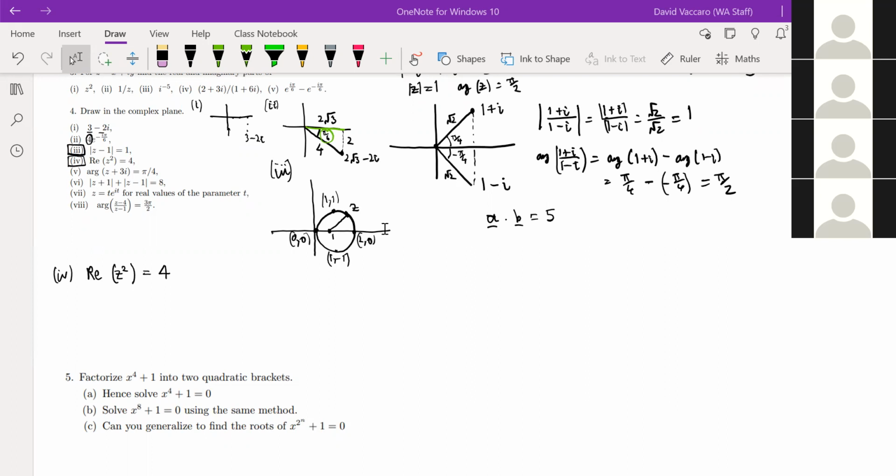So probably the most natural way to attempt part IV is to consider the complex number as being made by its real and imaginary parts. So let z be given by x plus iy, where x and y are real.